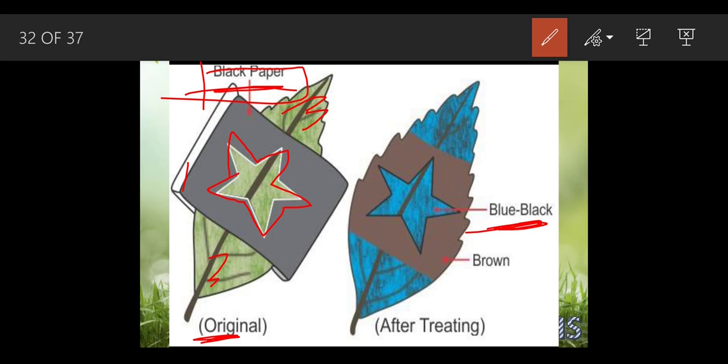But the part which is not exposed to the sunlight was having a deficiency of the starch, and due to this the color turned brown. Why did this appear brown? Because this part was covered with a black paper, so that no light passes on this leaf.